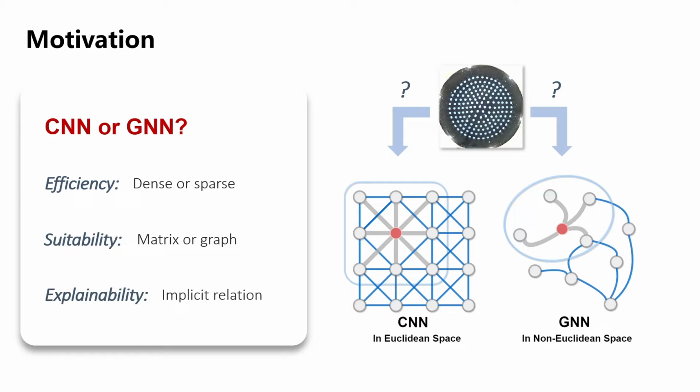But as for the tactile sensor, there is a specific number of pins, for example 169 in our research, and it has relatively low feature density. So in this way, we think the CNN is not efficient enough to extract the pin features.